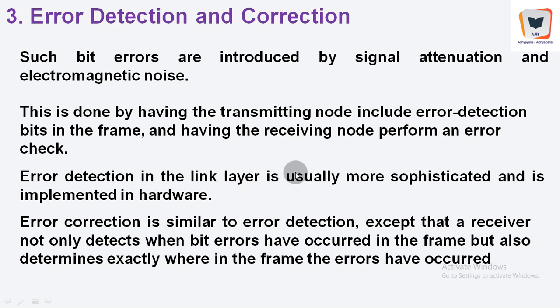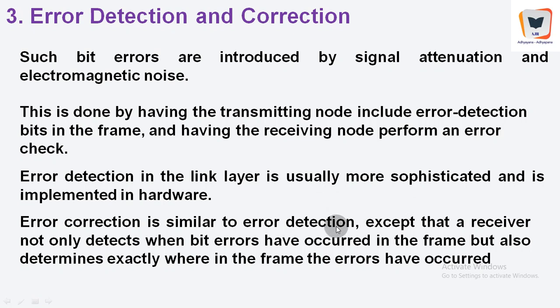Error detection in the link layer is usually more sophisticated and is implemented in hardware. This is to be understood because each and every link is to the tune of kilometers, and definitely there is all the possibility of the frames being subjected to errors. Therefore, a link layer has a sophisticated error correction and error detection mechanism.